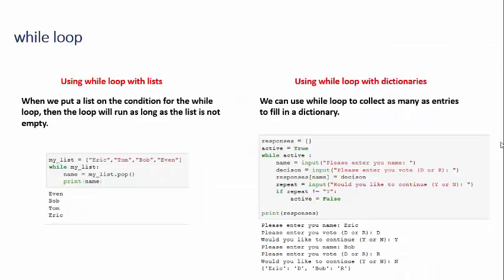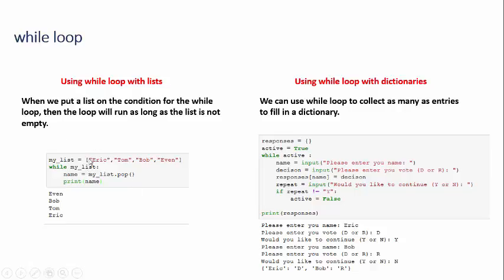The while loop can actually be used with lists and dictionaries. In this example, I'm going to show you how to use a while loop with a list. When you use a list name as the condition in the while loop, the while loop is going to run when my list has some element in it.